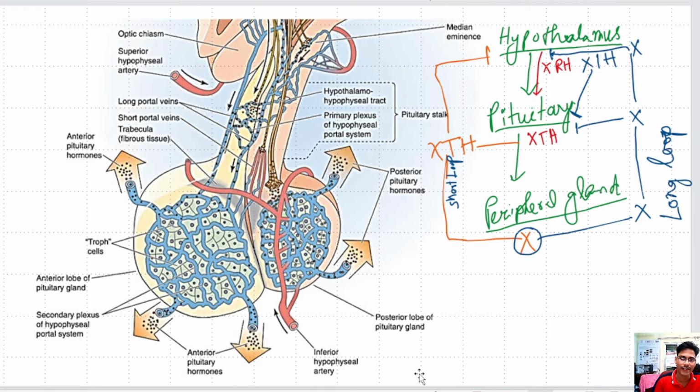With that, we will discuss again the hypophyseal tract, the primary plexus, and the hypophyseal portal system.